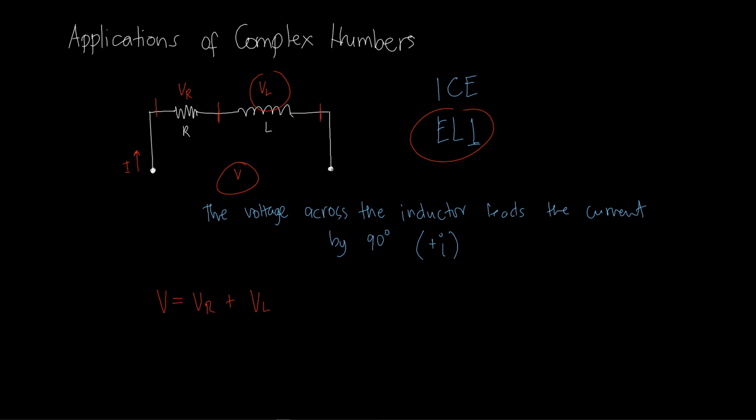But since the voltage is leading, it should be multiplied by I. So it should be I, or J instead, since for current we usually use I, so we replace it with J. That way it is not confusing. Okay? Now, remember.